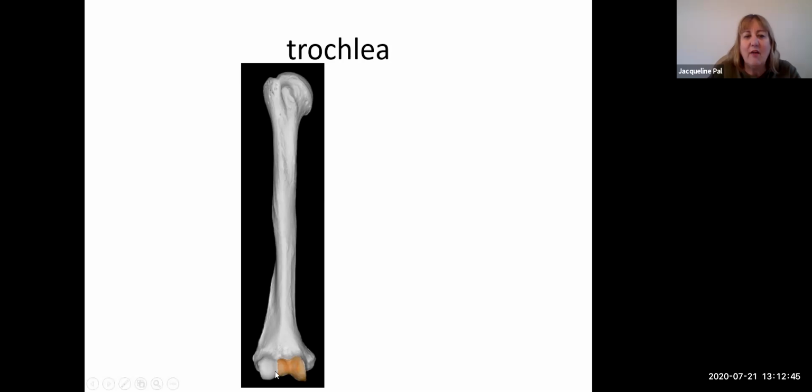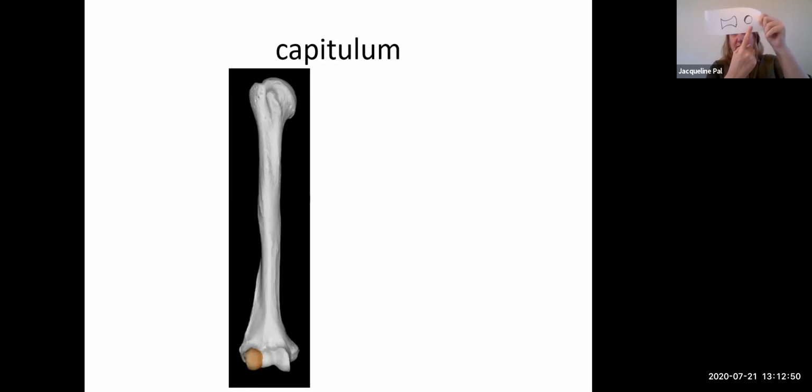And then the lateral bump, the rounded ball, is the lateral condyle, which is known as the capitulum. Now, on quizzes and tests, you cannot write medial and lateral condyles for the humerus. For other bones, yes, but for this bone, you must write trochlea and capitulum.